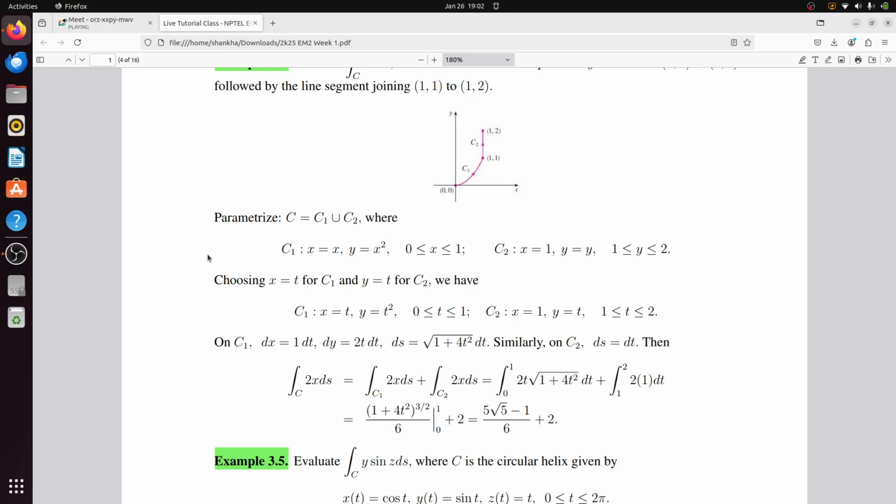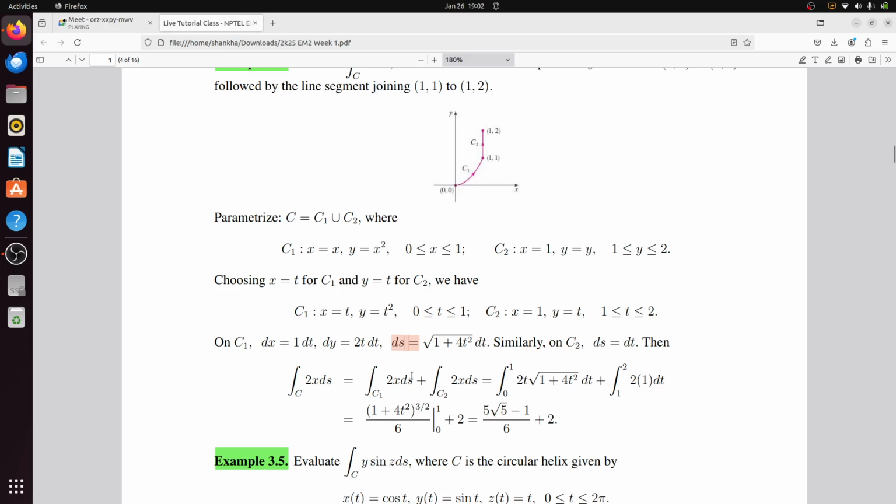Sorry, sir. Okay, so for C1, what is your ds? The ds term that you have calculated? Square root of 1 plus 4t square. Here also you will get ds equal to dt. In your problem also ds is equal to dt.